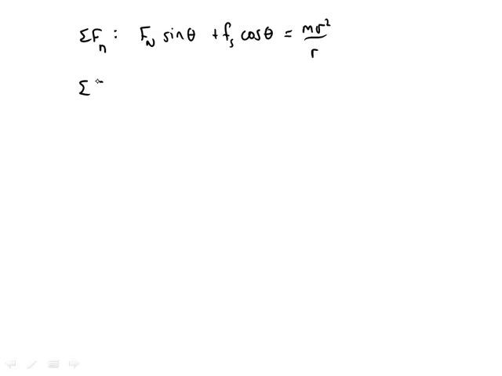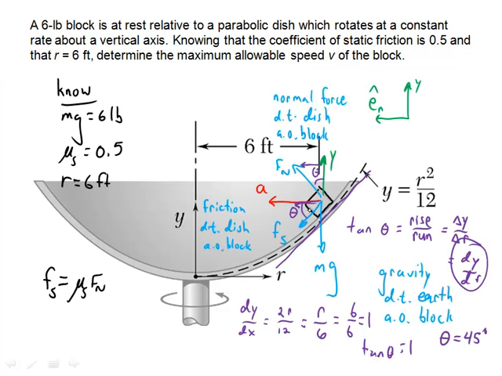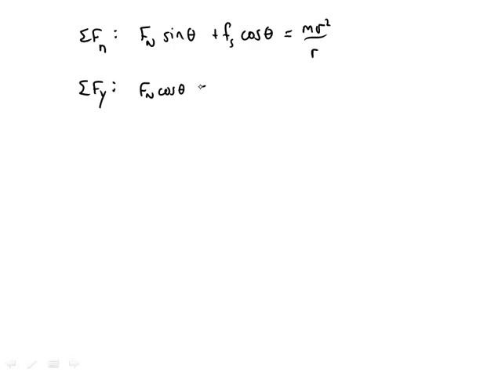Then the sum of the forces in the y direction, I have Fn cosine theta. Notice Fs is down, so Fs will be negative as far as that sine of theta is concerned. So minus Fs sine theta, that's down, minus mg, and all that's going to equal 0 because the acceleration is only in the normal direction.